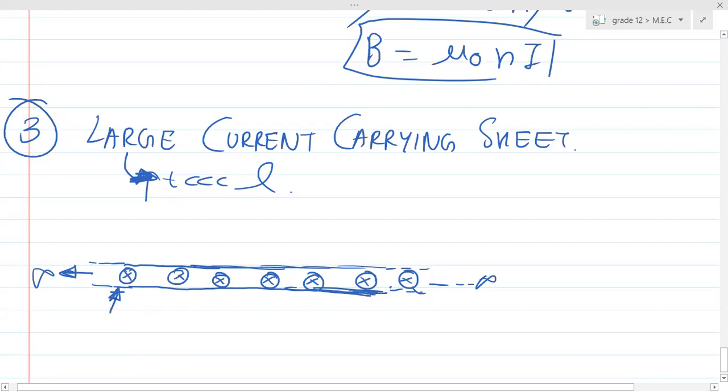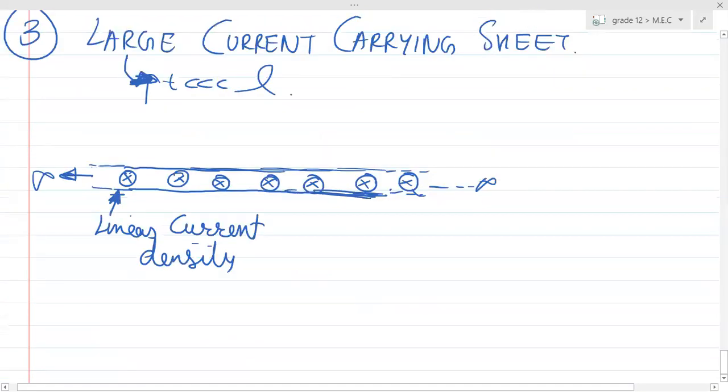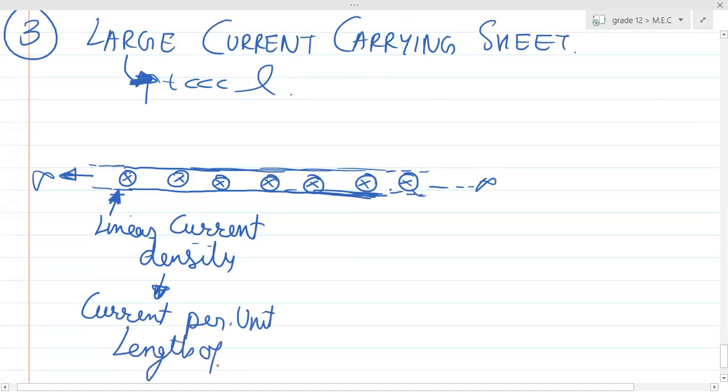So this has a linear current density, which is nothing but current per unit length. Are you getting my point, guys? I'm referring to the linear current density. Is this clear?